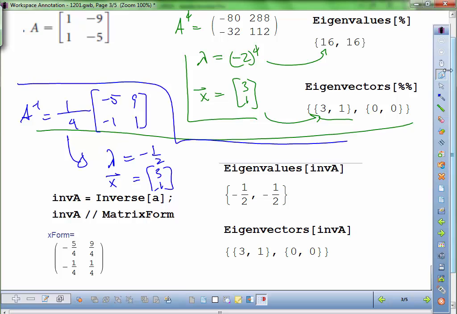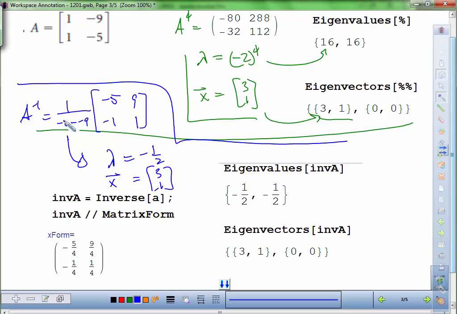Yes. Oh, that was a determinant. Minus 5 minus negative 9, that is the determinant of A, and there's a formula that says A inverse is equal to 1 over the determinant of A. This is only for a 2 by 2 matrix, and then you switch the diagonals and negative the wings.